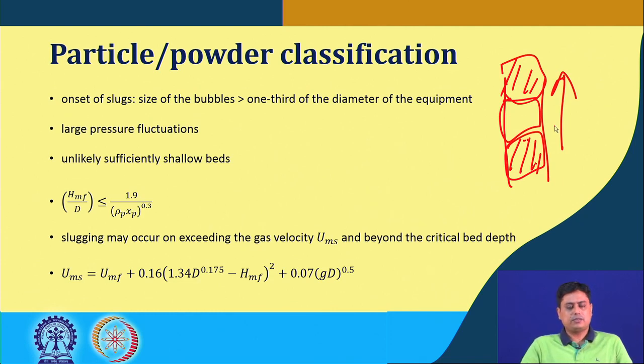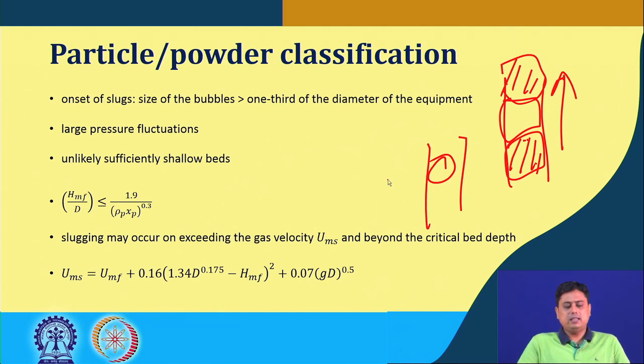So, the onset of slugs is typically determined by the size of bubbles when they are greater than 1/3 of the diameter of the equipment. So, it basically occupies most of the space in the vessel where you are doing that fluidization.